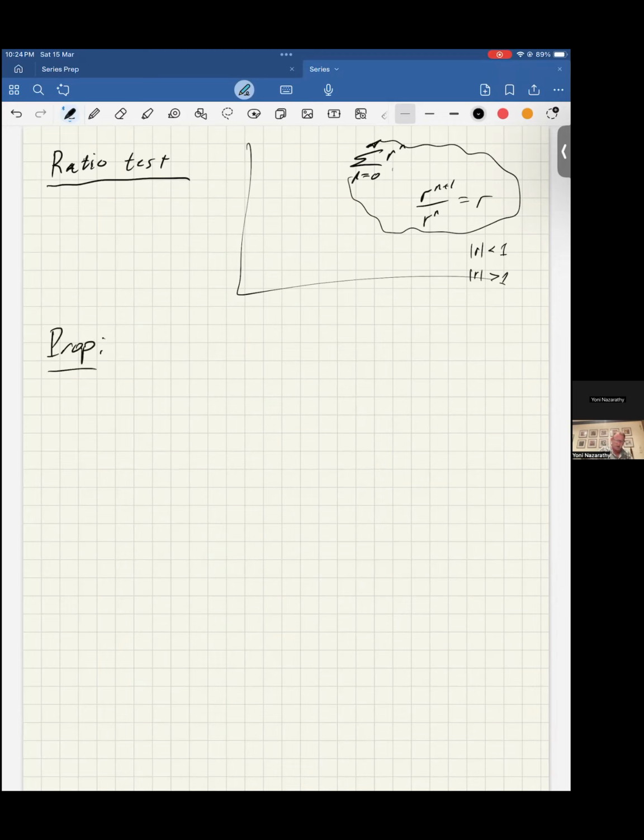So proposition 2.5.19. Let the summation n from 1 to infinity of xn be a series. And here we have the condition that xn is not zero for all n, because we're going to be dividing by xn.